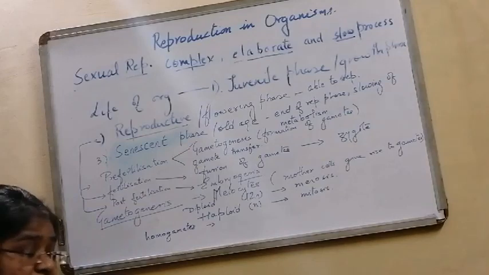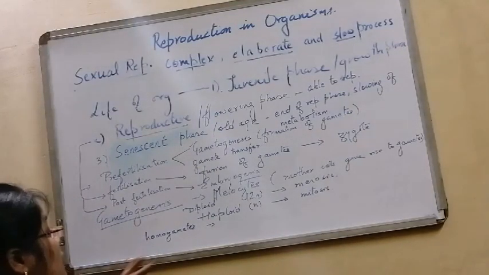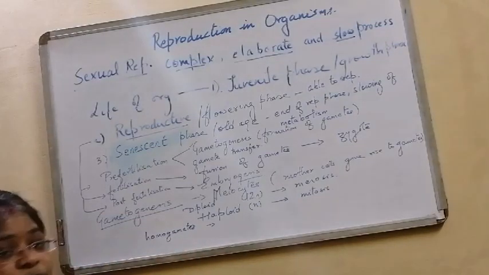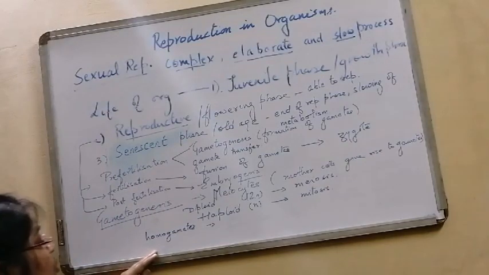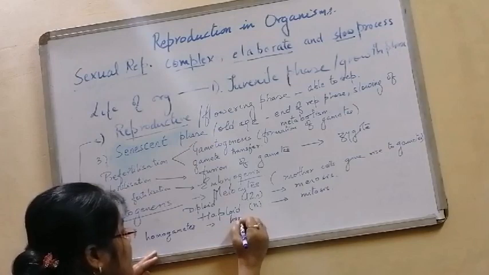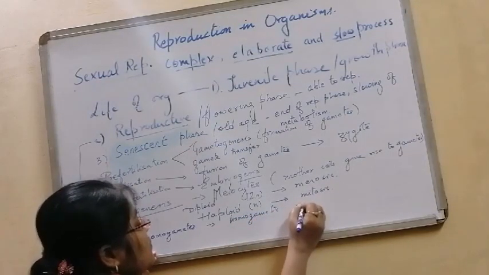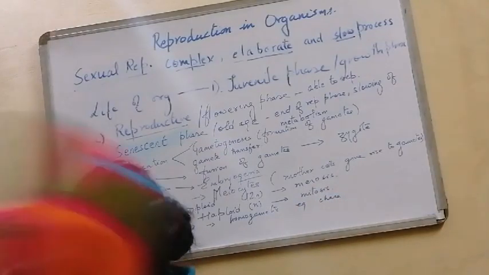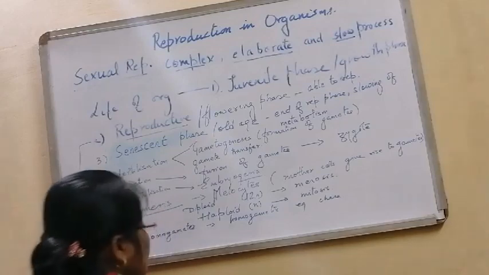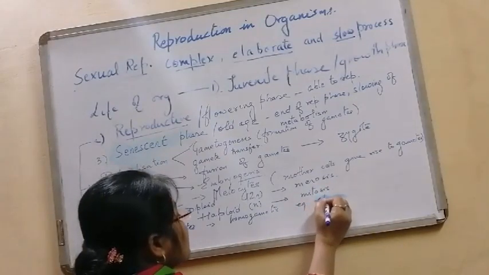If both male and female gametes are homogametes, then such organisms are called homogametic. An example is Cladophora.